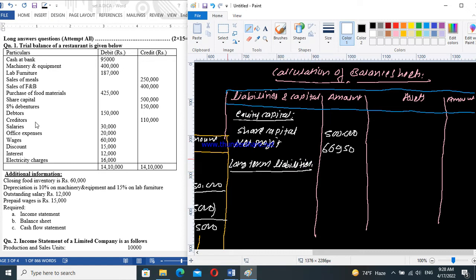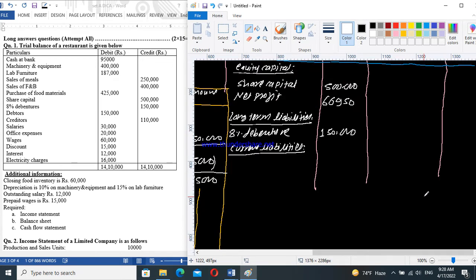Move on. Long-term liabilities involve the 8% debenture. You can write the full amount of debenture, 1,50,000. That's all. Current liabilities involve creditors.